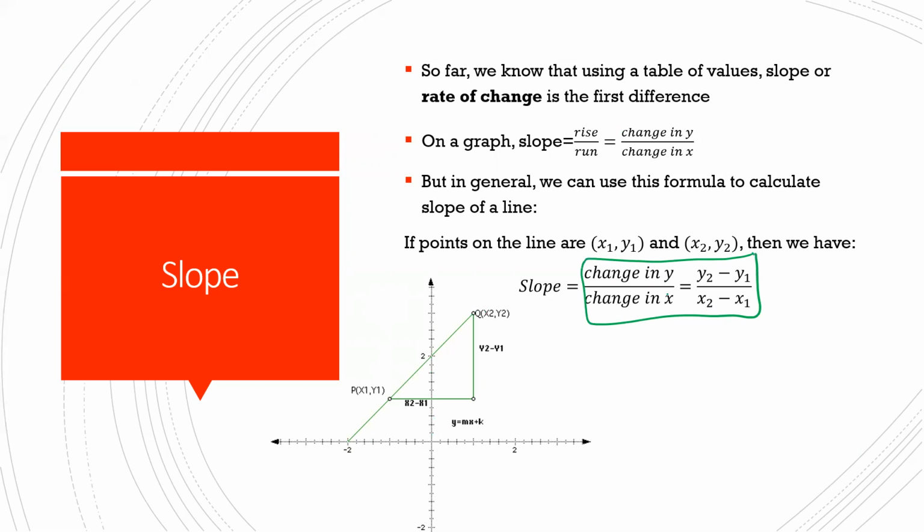We talked about the change in y over change in x, but we're essentially piecing it all together now. So the change in y basically measures how much the y coordinates have moved by.